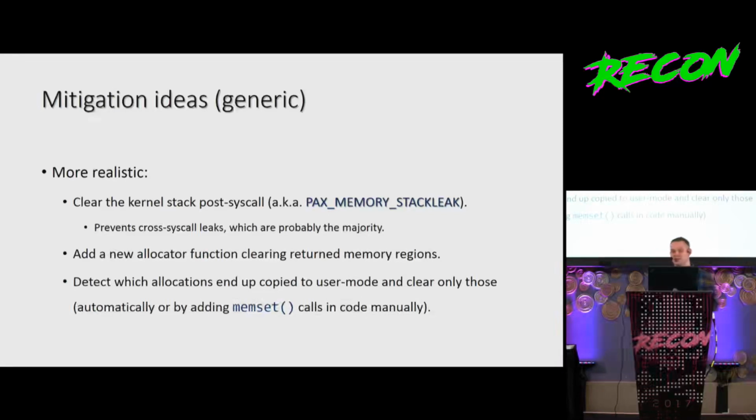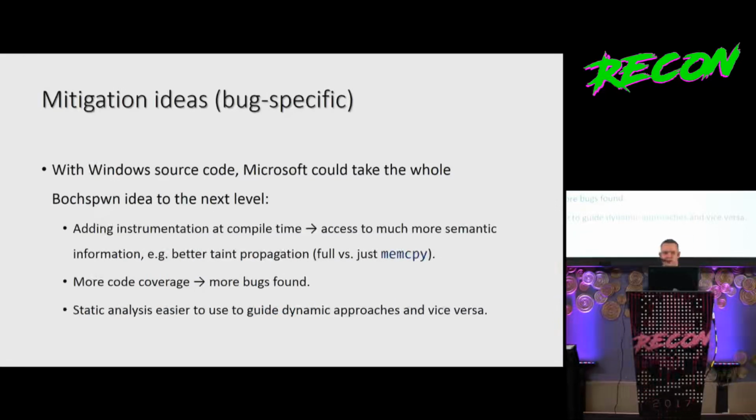Doesn't make the user do it, but they could just do it by themselves by adding new functions for that. And they could try to detect which allocations actually end up copied to user mode and clear only those, either automatically or just by manually adding memsets for all of those cases. And you know, being Microsoft and having the source code of Windows, they can really do a lot of interesting stuff because they have access to much more semantic information than I do.